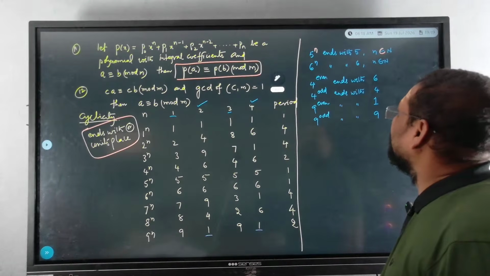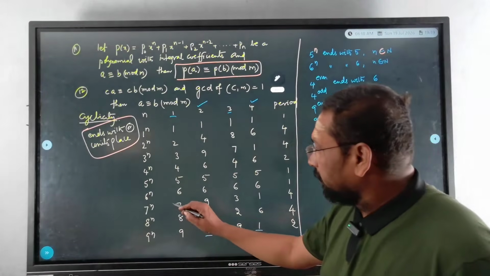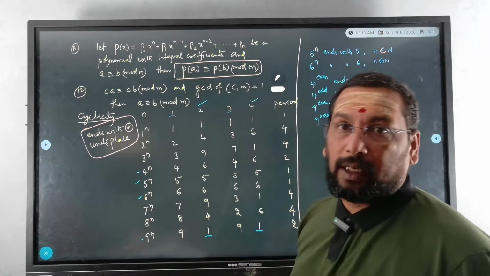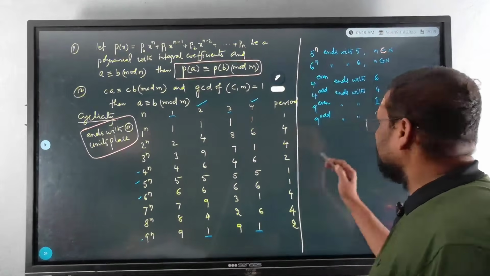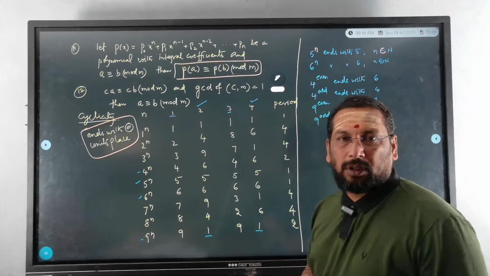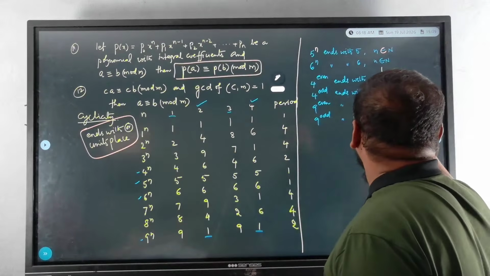So 5, 6, 4, 9 completed. Now the remaining things. See, when a number is divided by 4, what are the possible remainders?